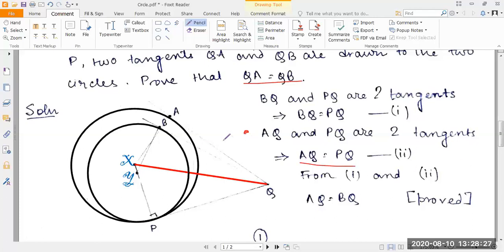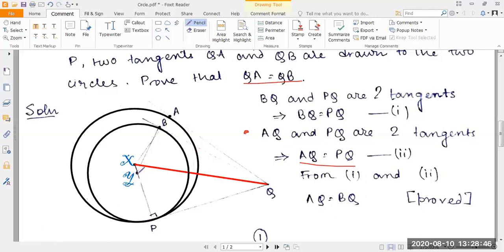That same logic can be applied to the smaller circle, which has its center at Y. With Q being an external point, I can draw tangents BQ and PQ from Q to the smaller circle.